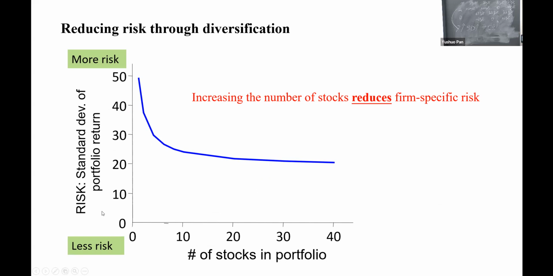If I only have one firm's stock and put all my money into it, then the risk, or standard deviation, because remember standard deviation also means risk, would be really high. But at the same time, my portfolio return would also be high. Remember that higher risk means higher return. That's what we learned before.